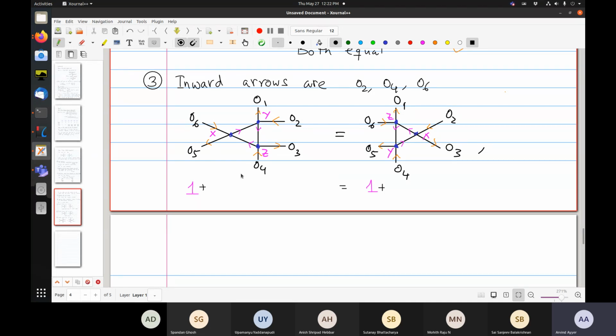And now let's see what the other one is. So now let me do the opposite here. So now ignore the pink. Just focus on the orange and the red.